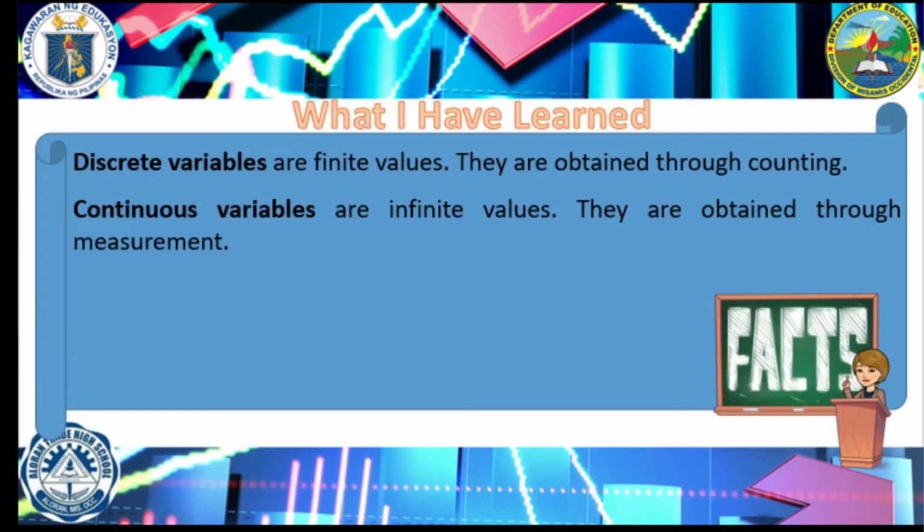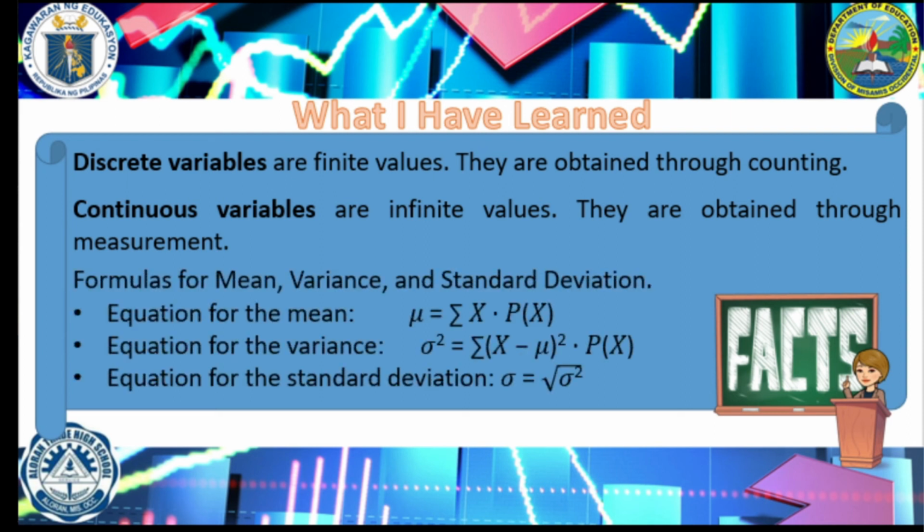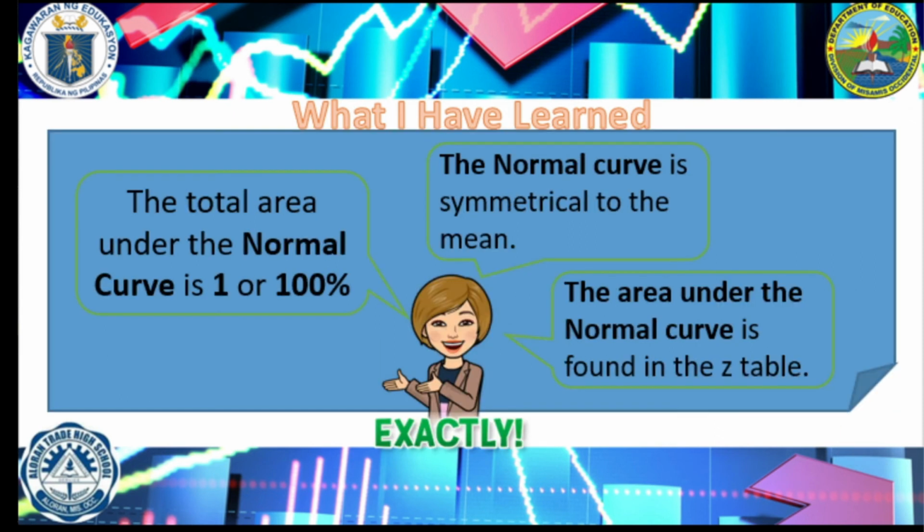What I have learned in this lesson is that discrete variables are finite variables and they are obtained through counting, while continuous variables are infinite variables that are obtained through measurement. These are the formulas for finding the mean, variance, and standard deviation. Now, the total area under the normal curve is always equal to 1, or if you change that to percent form, that is 100%.